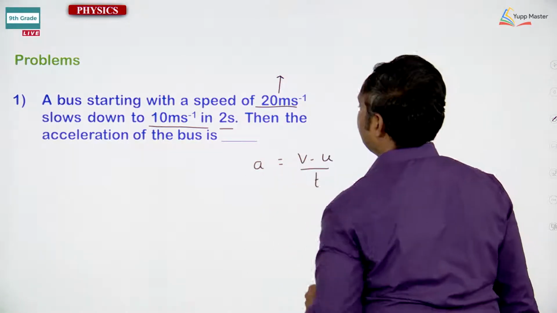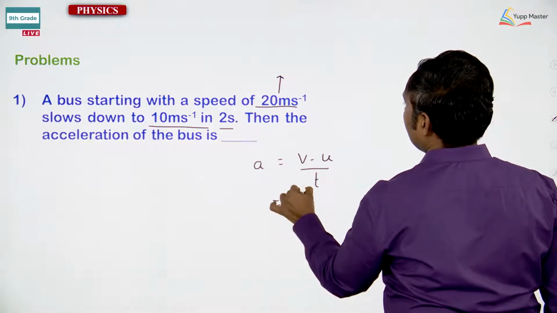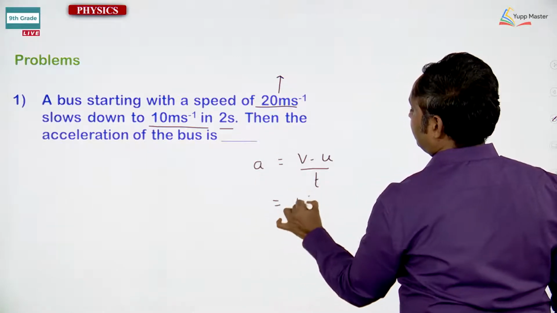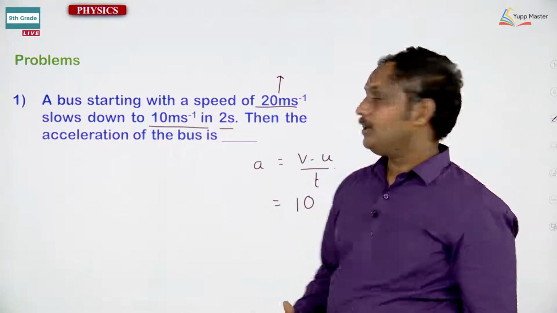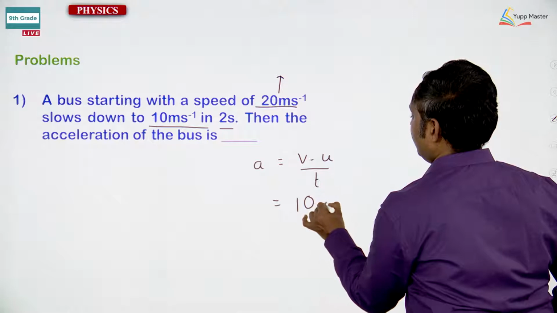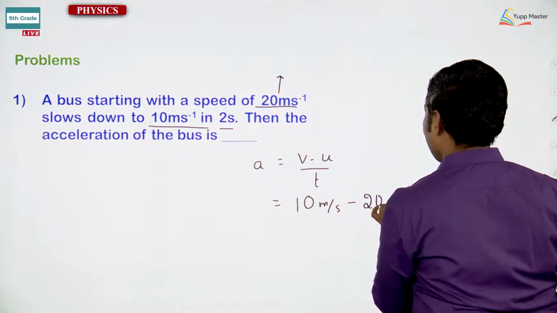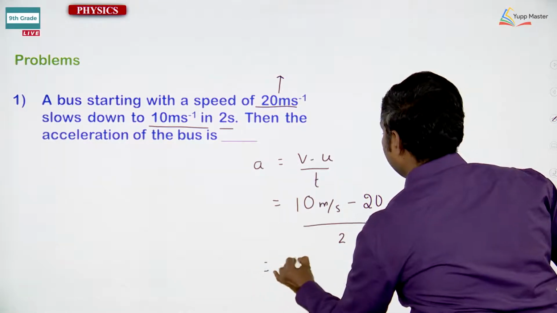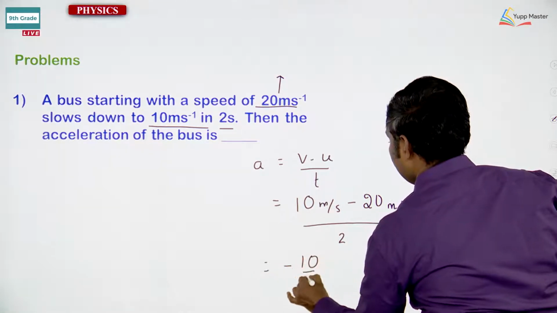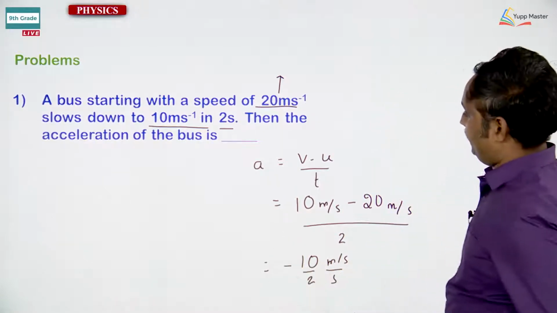Very simple problem. Finally it comes to the lower speed, that is 10 meter per second minus 20 meter per second, by time 2. So minus 10 by 2 meter per second per second.